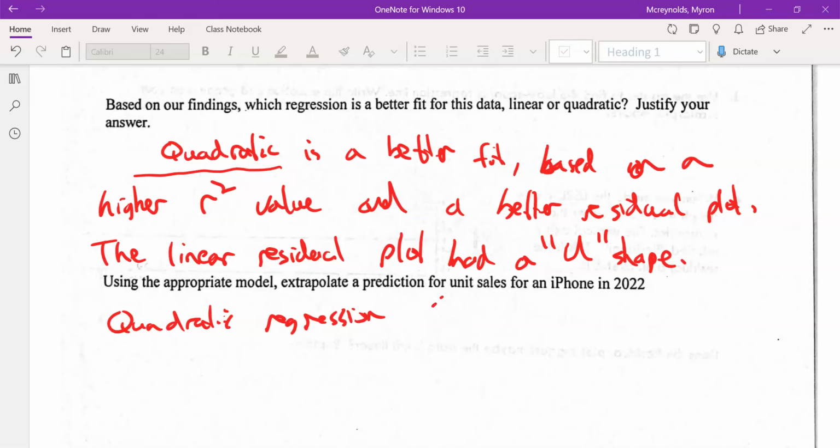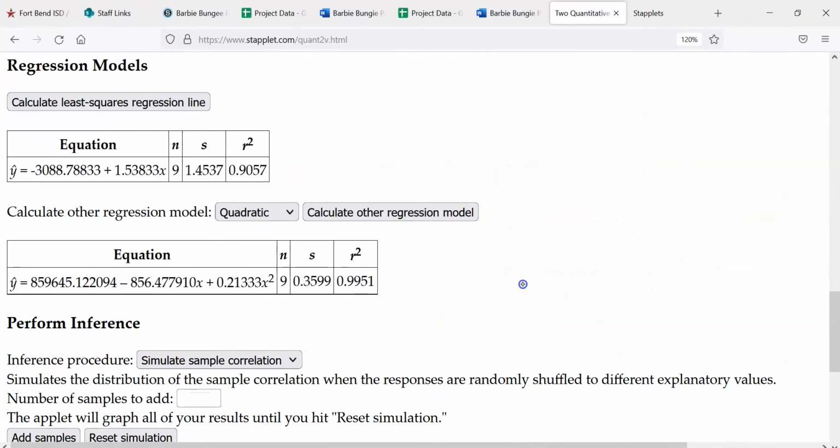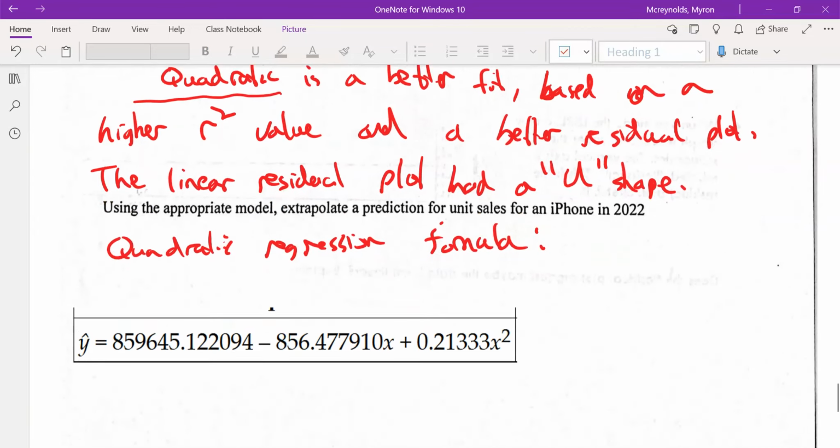The quadratic regression formula. And so let's go find it. We have it right here. So there is my quadratic regression formula. It's a big formula. All right, so that quadratic equation is pretty big. You're going to need to copy it over to your sheet. I'm just going to literally copy and paste it over like this.